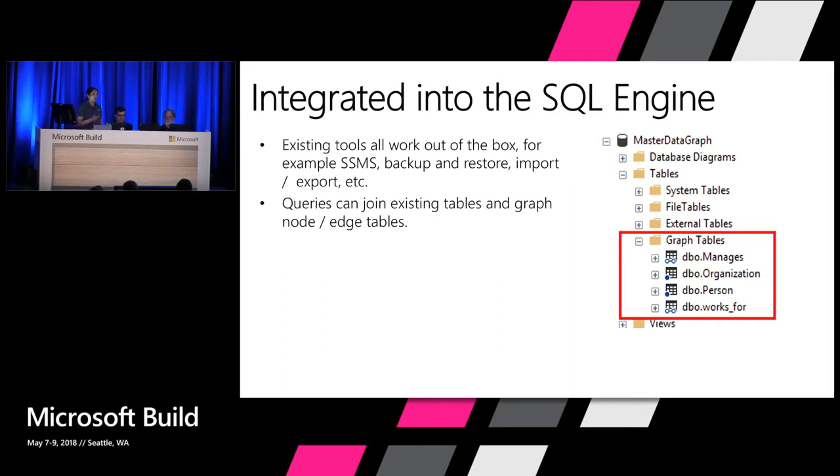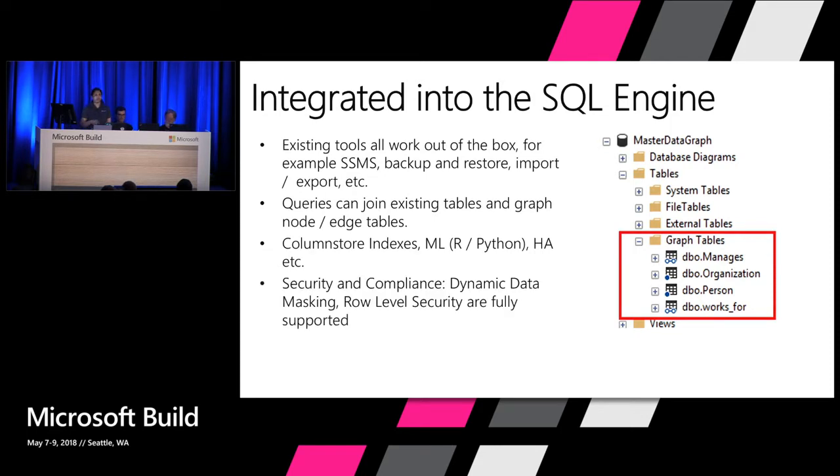Your queries can now join your relational and graph tables to each other. So let's say you have your relational schema and your graph schema in the same database, your queries will be able to join them together for any reporting purposes that you might need. Along with that, all the other cutting edge technologies that SQL Server provides, like columnstore indexes, machine learning using R and Python, HA, everything is supported on the graph features.